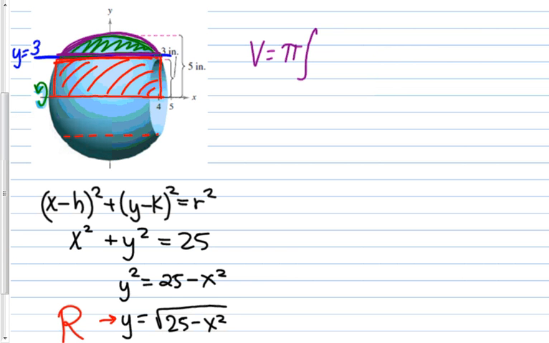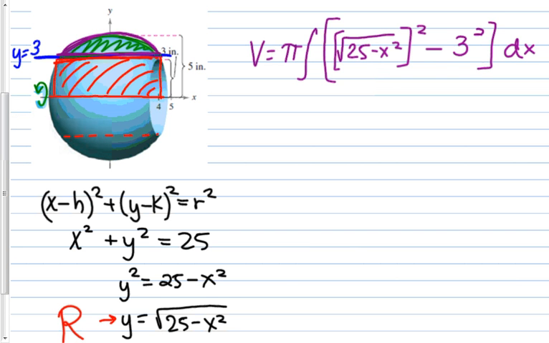Big R is going to be the square root of 25 minus x squared. Let me use brackets. 25 minus x squared, squared, minus little r squared. And little r is just y equals 3. The equation is 3 squared. And this is, of course, with respect to x.